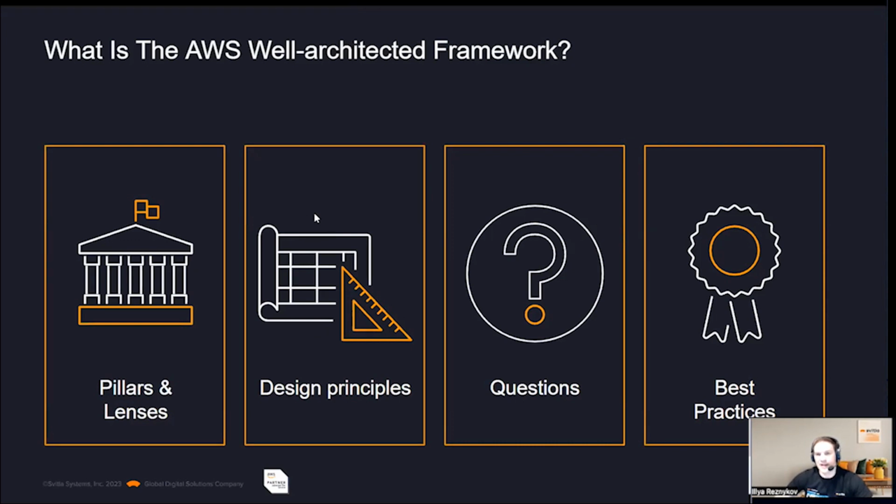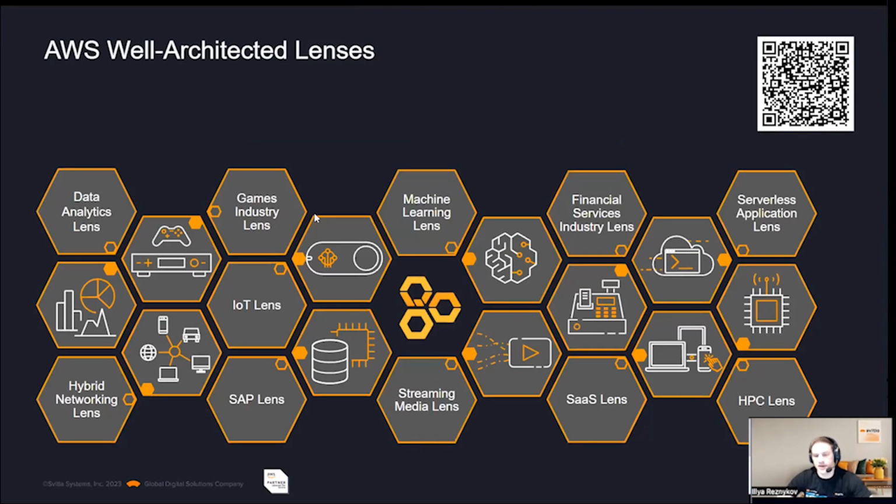Also, alongside the whole set of questions of the AWS Well-Architected Framework, we may use lenses. AWS Well-Architected lenses are like an additional set of questions, also split into pillars, that focus on a particular industry or technology domain.